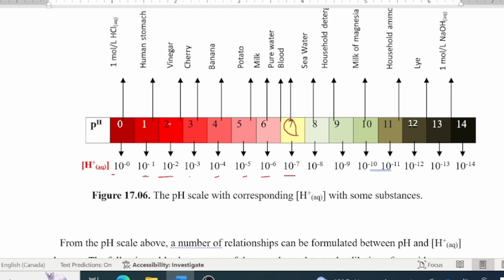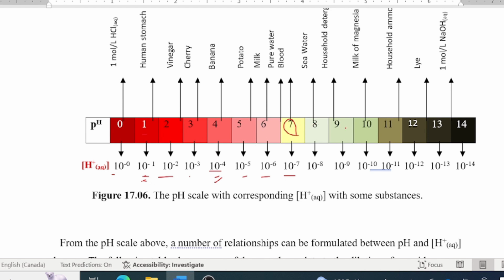The lower the pH, the higher is the hydrogen ion concentration. Look, if I have a pH of 4, this is the hydrogen ion concentration. If I have a pH of 1, okay, this is the hydrogen ion concentration. So note that the lower the pH, the more acidic something becomes because the concentration of the hydrogen ion increases.